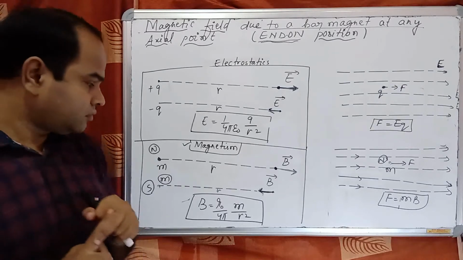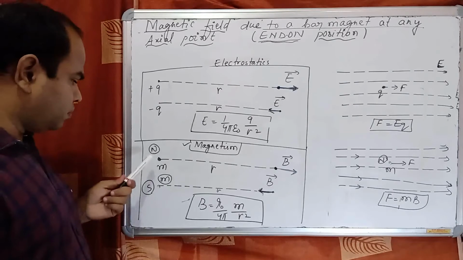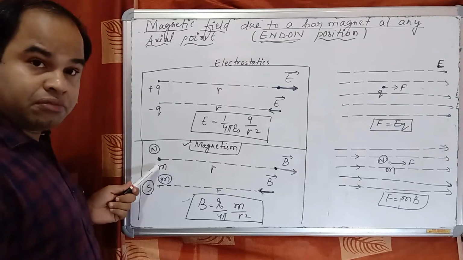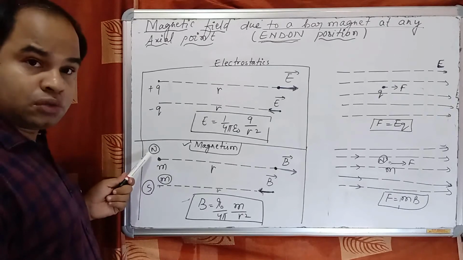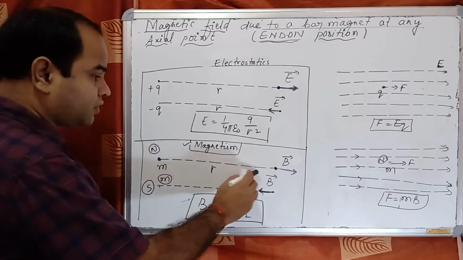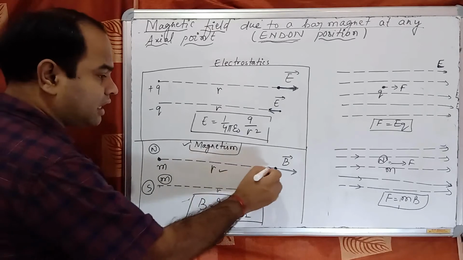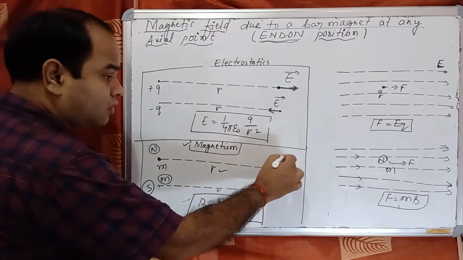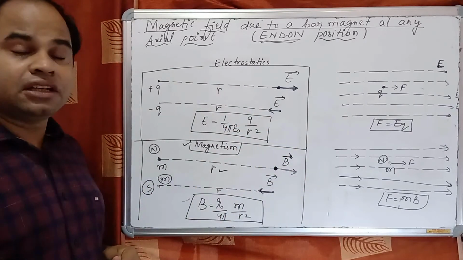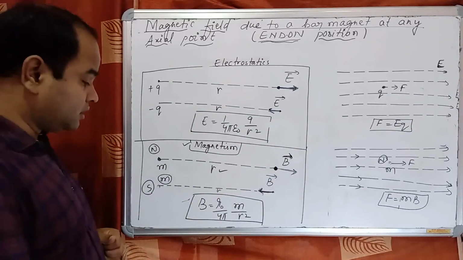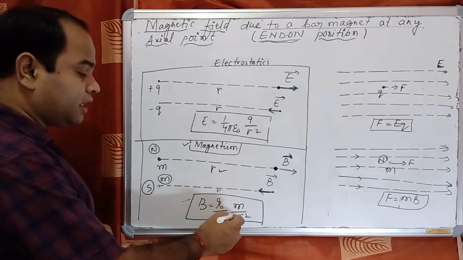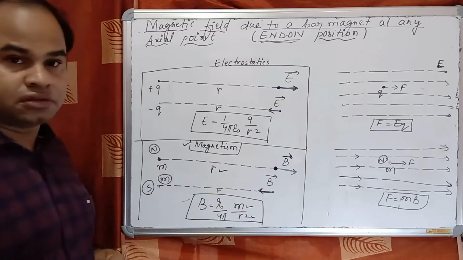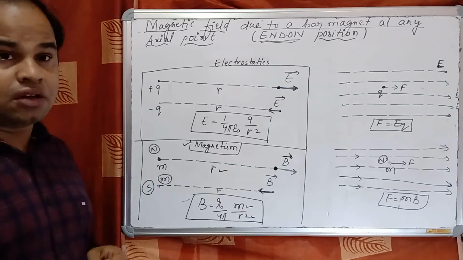ठीक है. तो यदि हमें गोटे पोल नबा, isolated pole having pole strength m, and if it is a north pole, at r distance from it, it produce magnetic field that is outward in nature, and the magnitude of magnetic field is mu naught by 4 pi m by r square, where m is the pole strength, r is the distance from the pole.